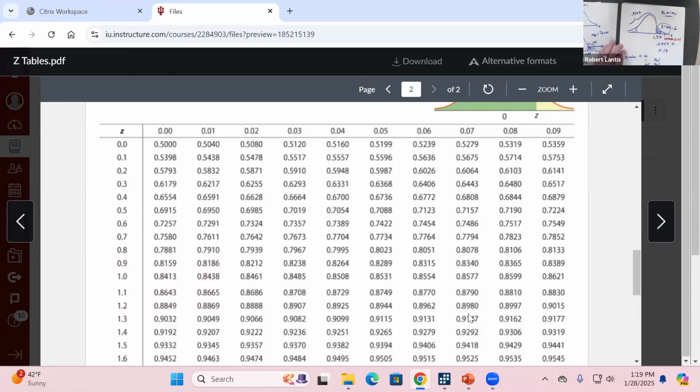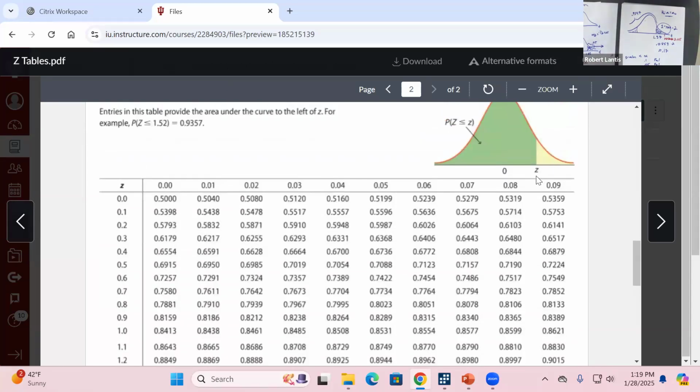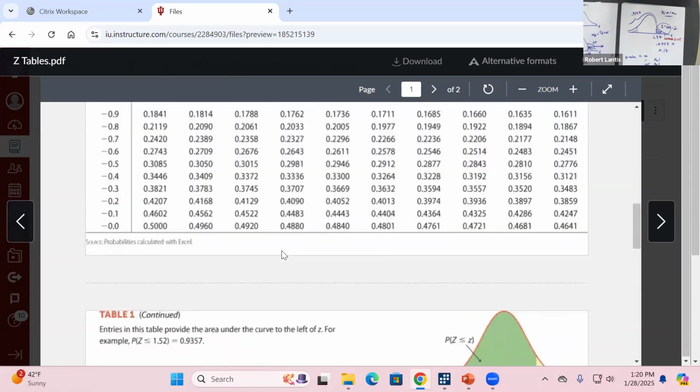Let's say it's 2.05. I could find my p-value the exact same way, or because this is a symmetric distribution, instead of finding the area to the left of positive 2.05 and then subtracting it from 1, what could I also do? Find the area to the left of negative 2.05.